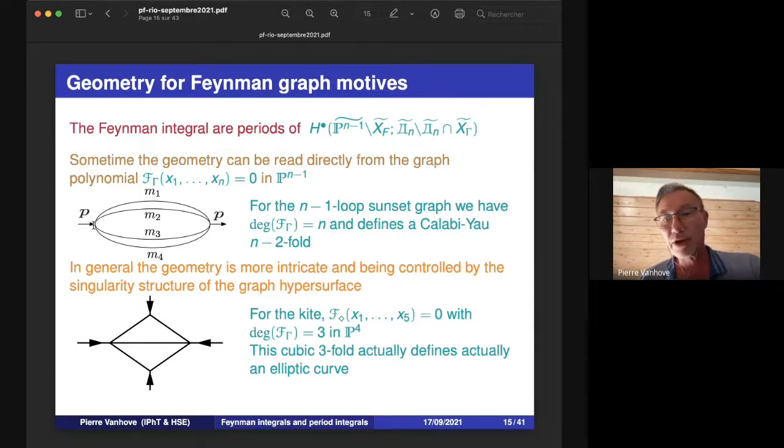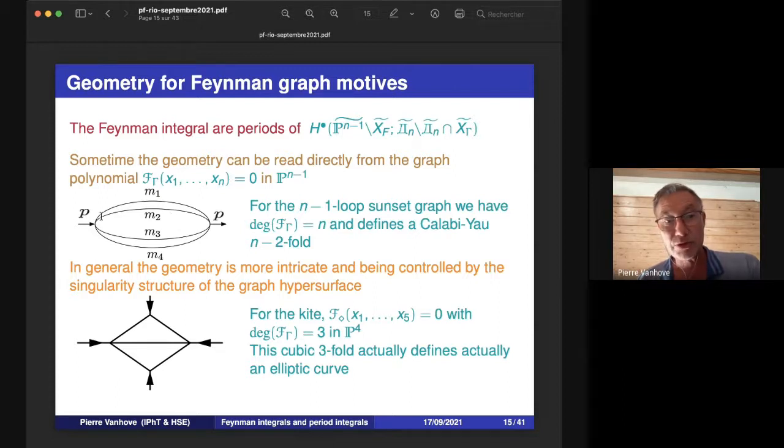Here the question is that there is a nice family of graphs, the two-point functions, where the degree of the F polynomial is n and you are in projective space P^(n-1). So you have n variables and a homogeneous polynomial of degree n.